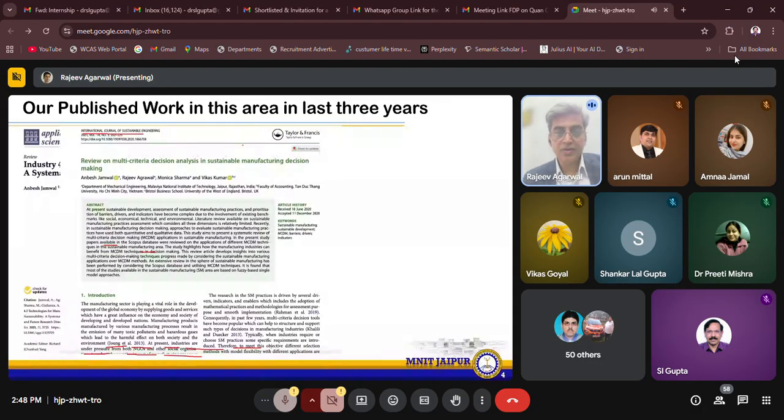Again, keywords: sustainable manufacturing, sustainable development, MCDM. So we would like to understand the MCDM analysis in sustainable manufacturing. Added terms are barriers, drivers, and indicators.